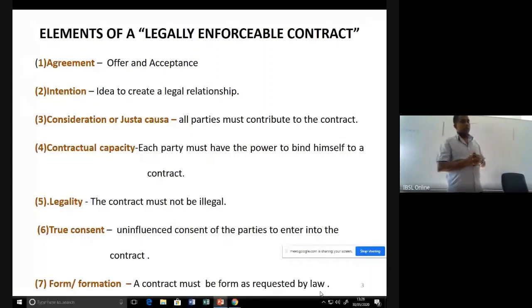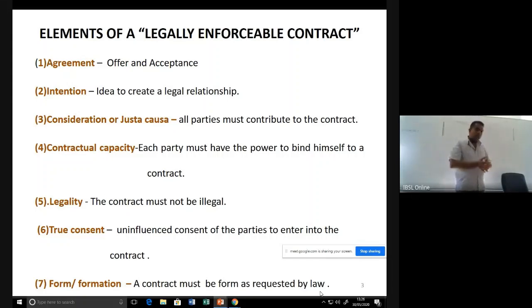Now we go to the slide. Elements of a legally enforceable contract, right? When you have a contract, to decide whether that contract is legally enforceable or not, you have to decide based on these elements. You can see 7 elements are there.